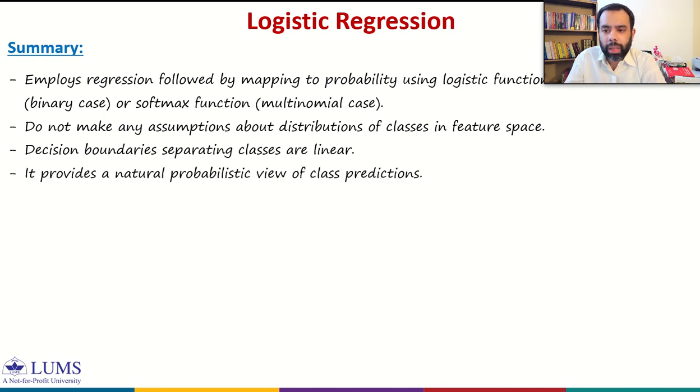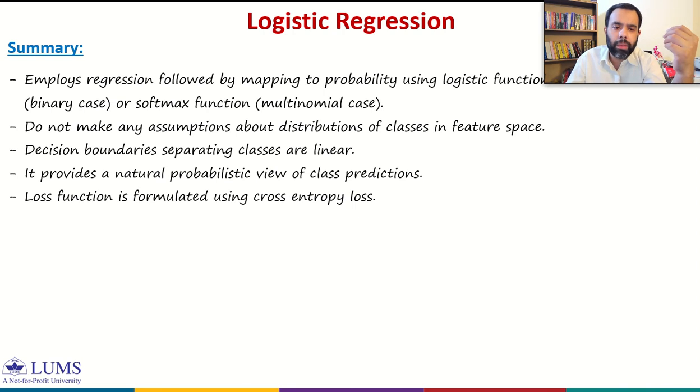Logistic regression provides a natural probabilistic view of class predictions, because for each class we are getting the probability of a test point being in that class. We formulated the loss function using the cross entropy loss, which is a natural measure to define loss when the output of a classifier is expressed in terms of probability.